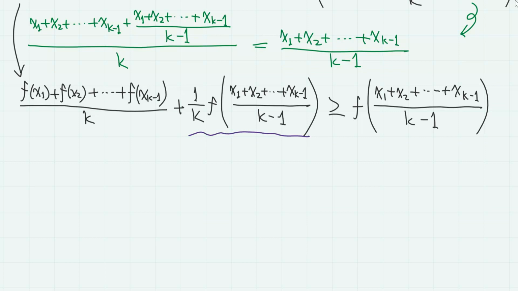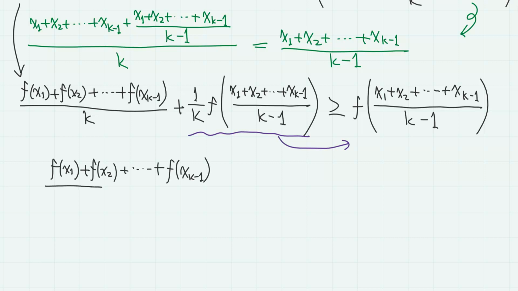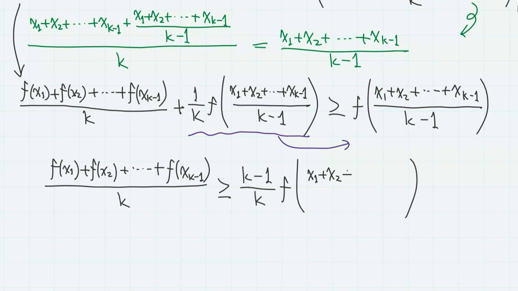So moving this term to the right hand side, we have (f(x1) + f(x2) + so on + f(x_{k-1}))/k is greater than or equal to (k-1)/k times f of (x1 + x2 + so on + x_{k-1})/(k-1).